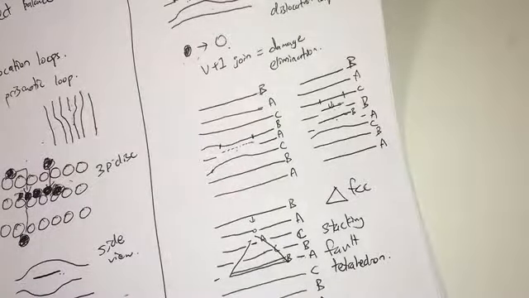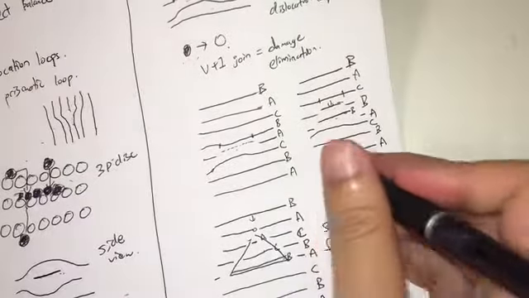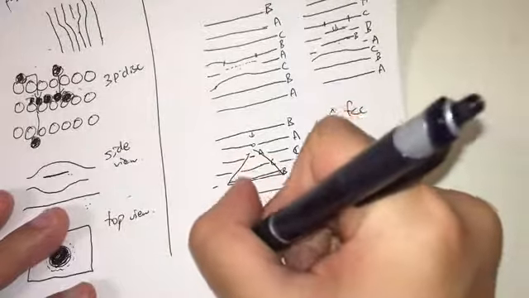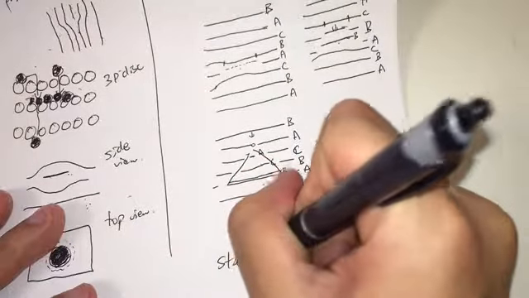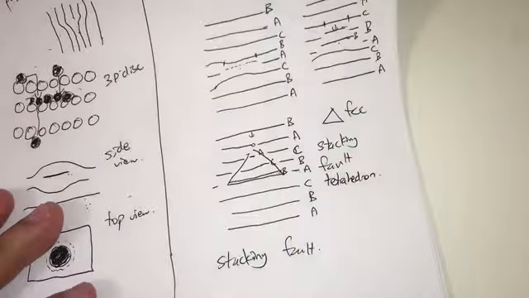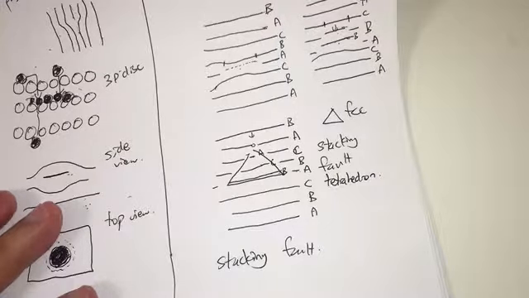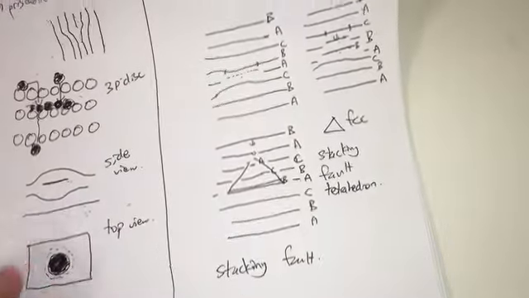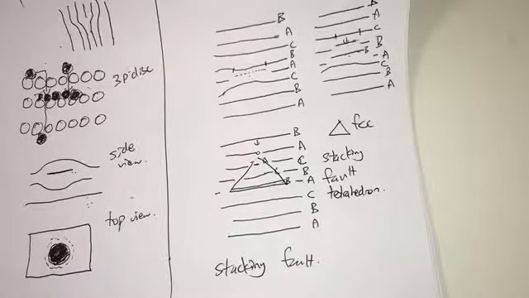And if you're not sure, please go and watch some of the videos of what a stacking fault is. I'll put stacking fault. And this is one of the important defects in an FCC structure. So we have explained how a stacking fault actually occurs.